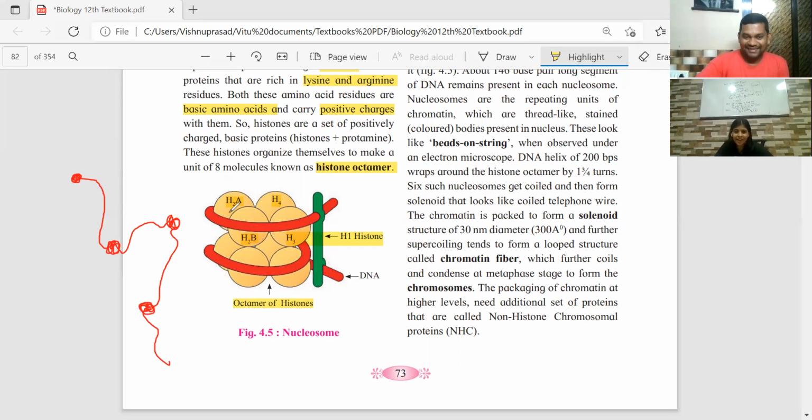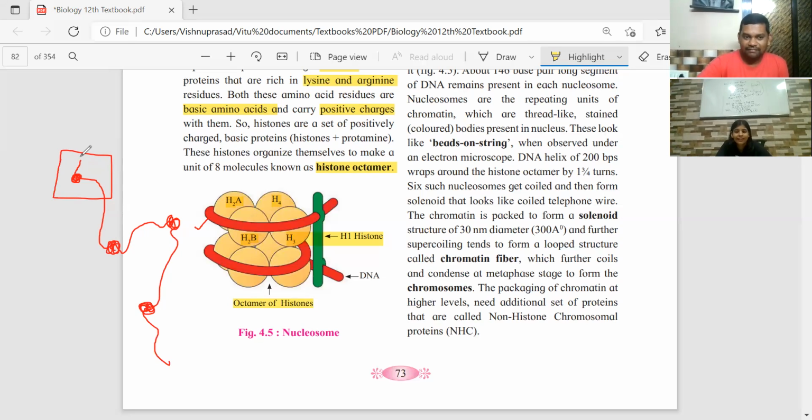Listen, this is the set of histone molecules, the octamer of histones. It will appear in the form of a bead, and around it you can see a thread-like structure. That is the DNA. Can you see the red line?